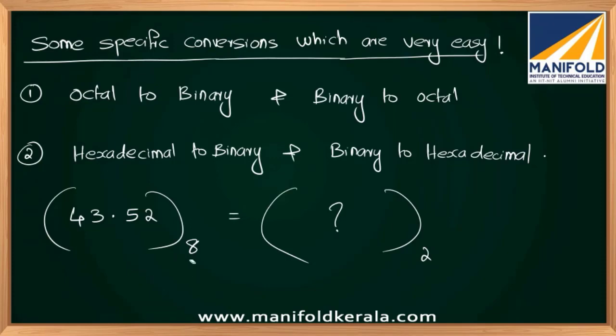Instead of that one, there is a very easy procedure. If this base is a power of 2, suppose this is base 2, and if this base is actually any power of 2, there is an easy method. It can be 16 or it can be 4. And if you want to convert binary to any of these bases, which are powers of 2, there's a very simple method. And what is the simple method? See, understand that. Let us look at the representations.